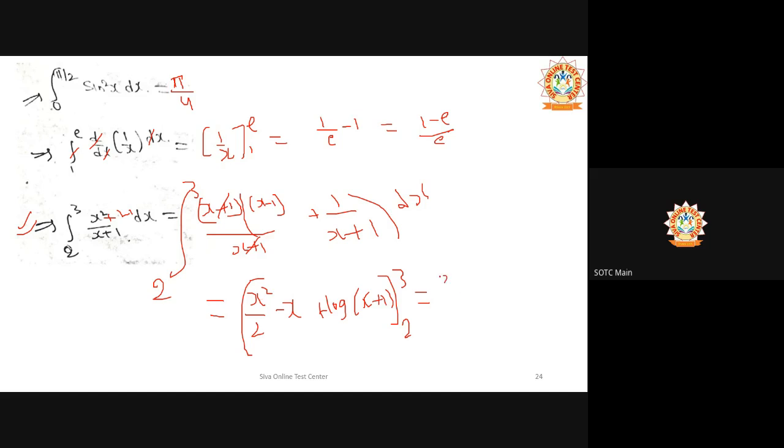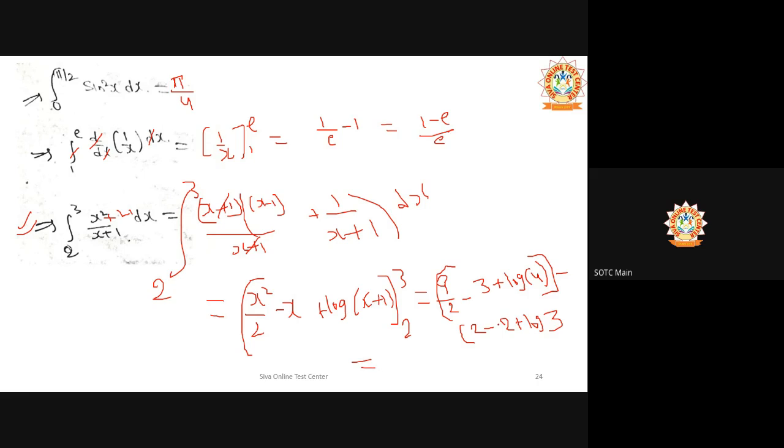It will come 9 by 2 minus 3 plus log of x plus 3 plus 1, that is 4, whole minus, it will become 2 square by 2, it will come 2 minus 2 plus log of, what is this, log 2 plus 1, that is log 3.